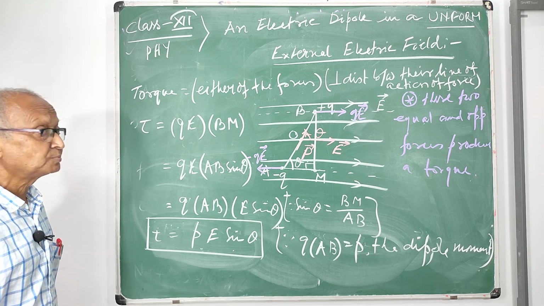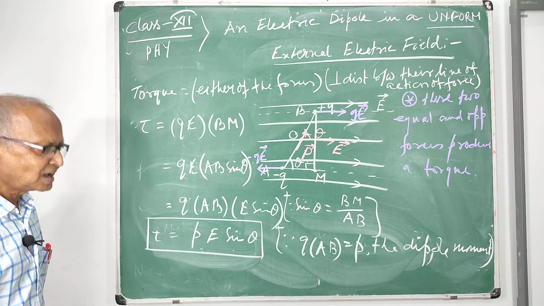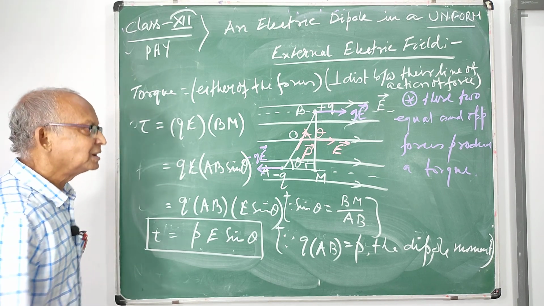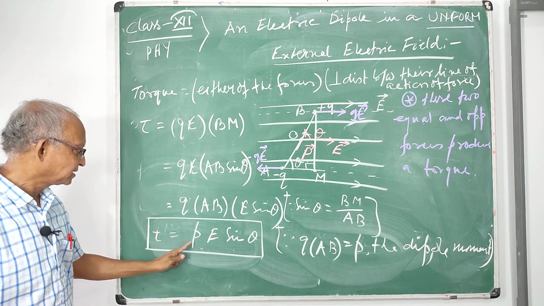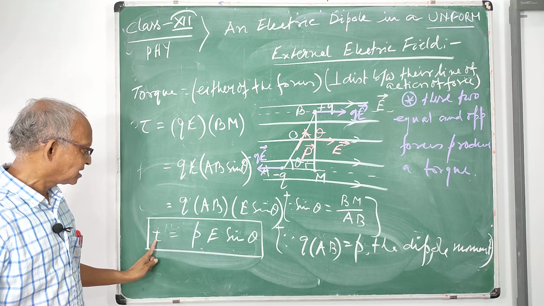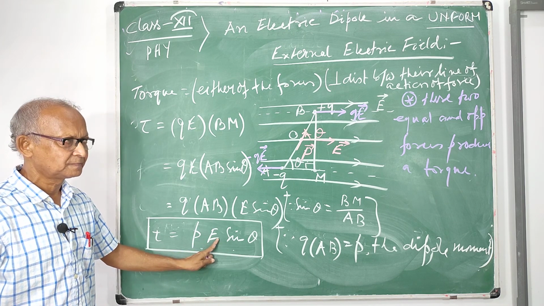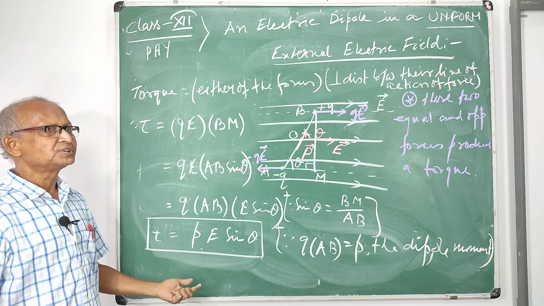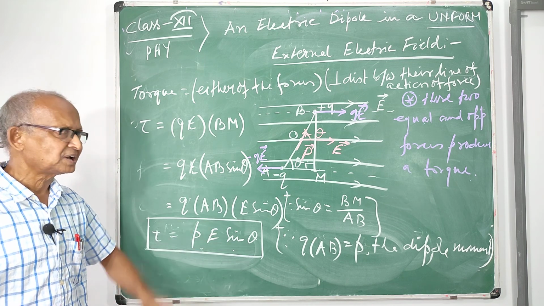So what is the direction of this vector? Check. Dear students, here we shall take the result of cross product. Anyone can say torque is a vector and PE sin theta can be written as P cross E. In the book we see that. But why? Can you not write EP sin theta?